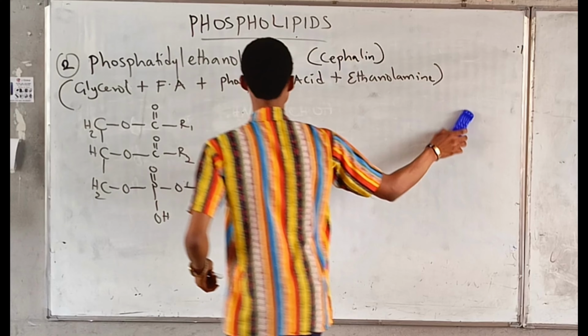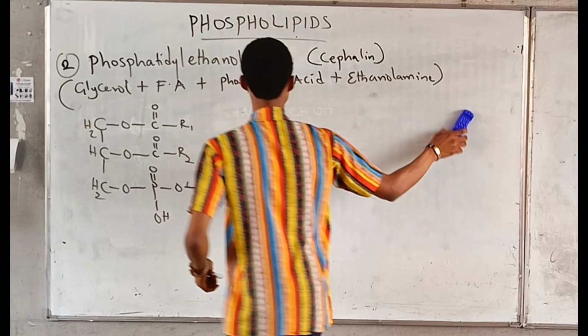But this one, phosphatidylcholine, contains fatty acid, glycerol, which is a simple lipid now, phosphoric acid, and choline. So, another name for phosphatidylcholine is what? You call it what? Lecithin. So if you don't call it phosphatidylcholine, you call it lecithin.